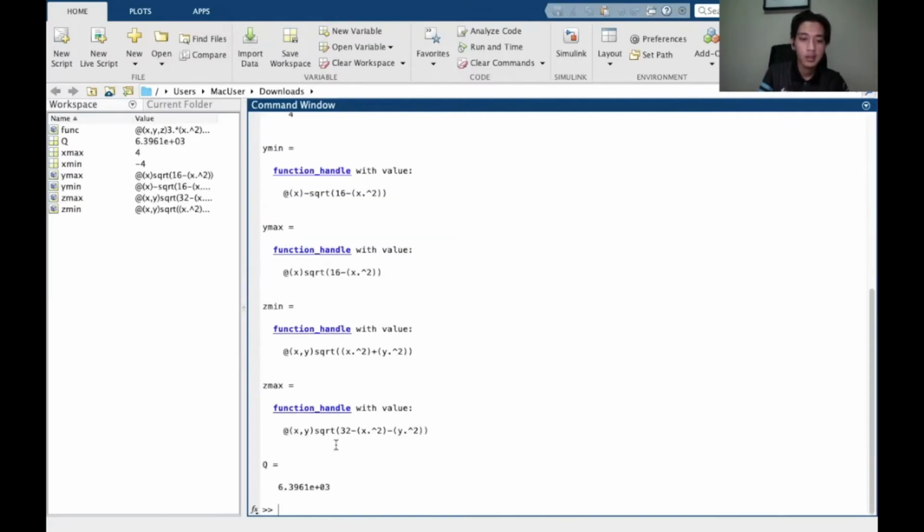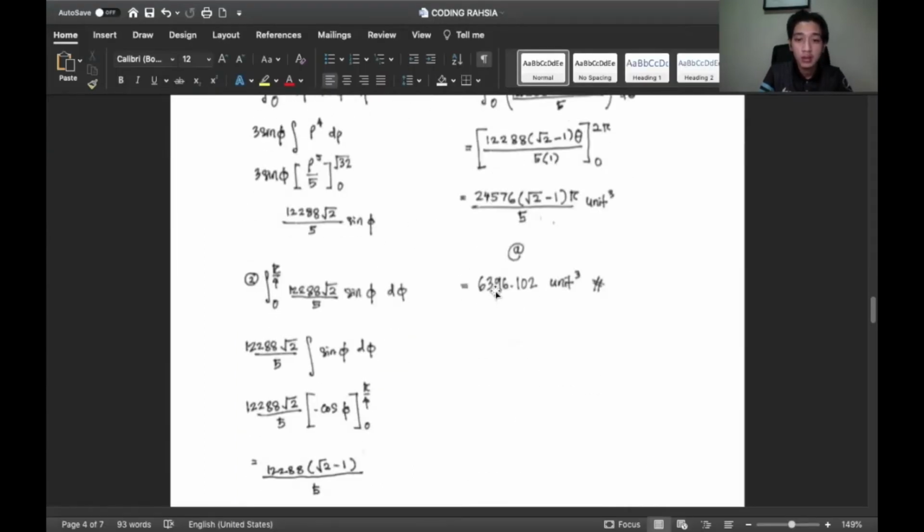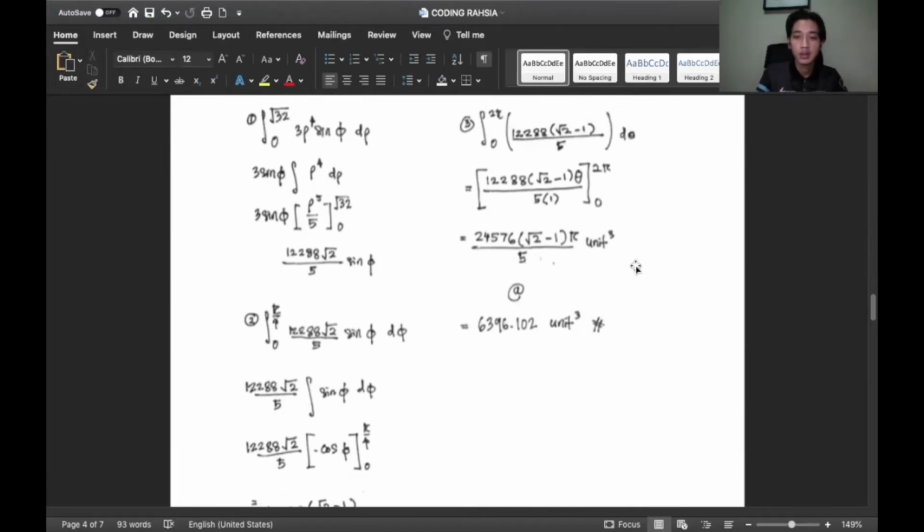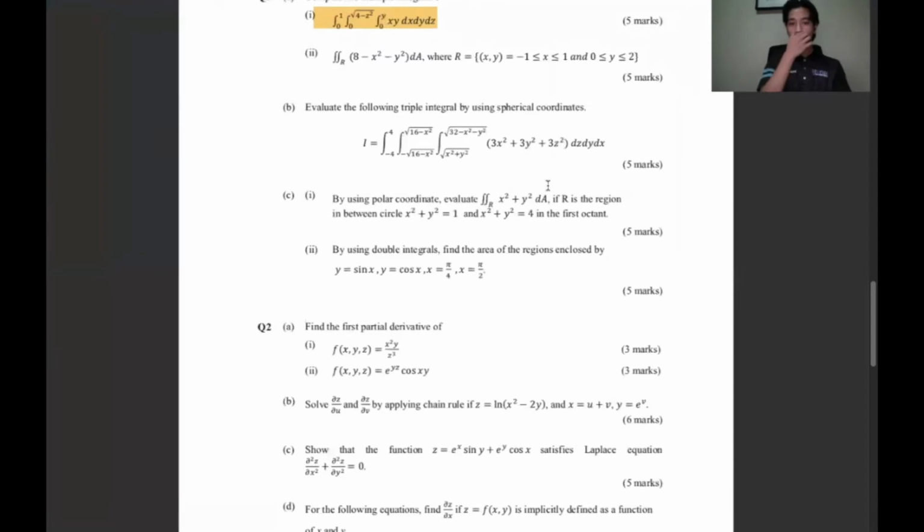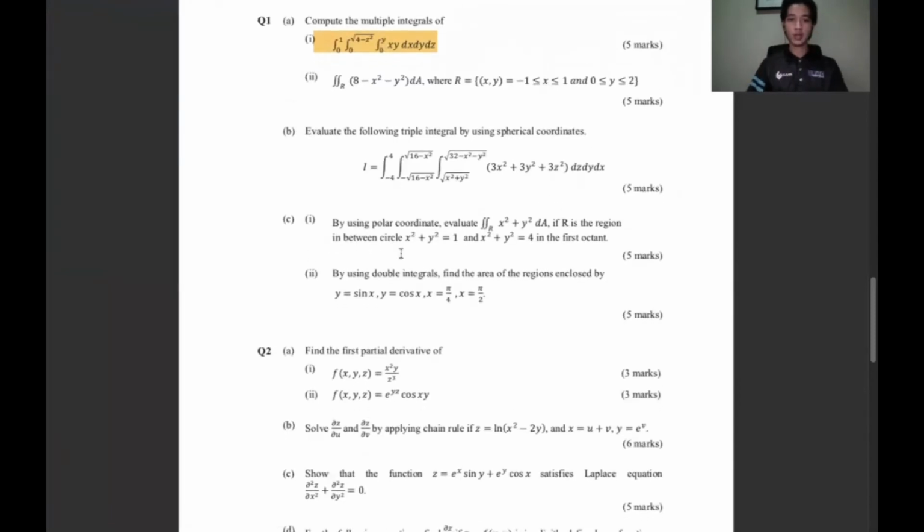Now you can see the answer is 6396.1 units cubed. Now let's do question 1C1, which is by using polar coordinates, evaluate the function if the origin is in between the circle and in the first octant.